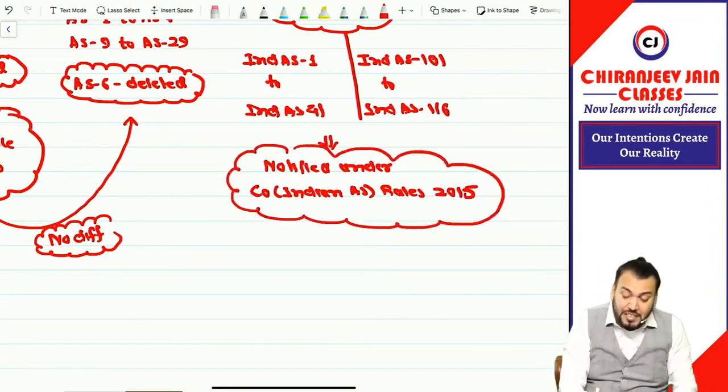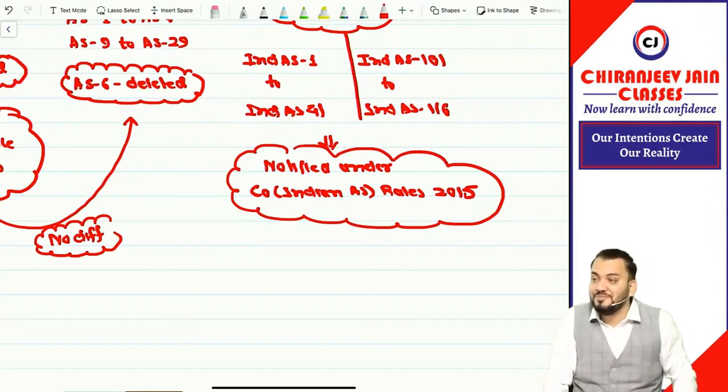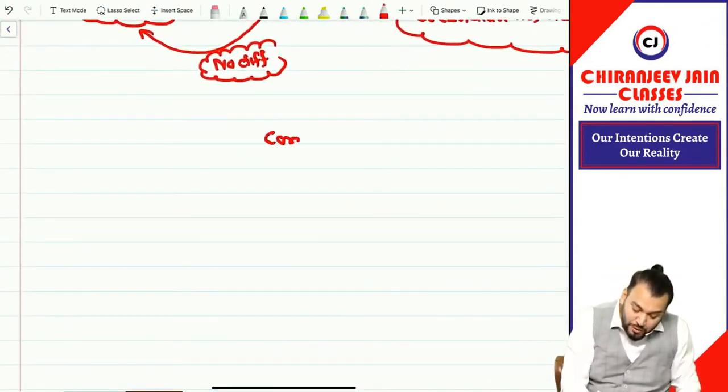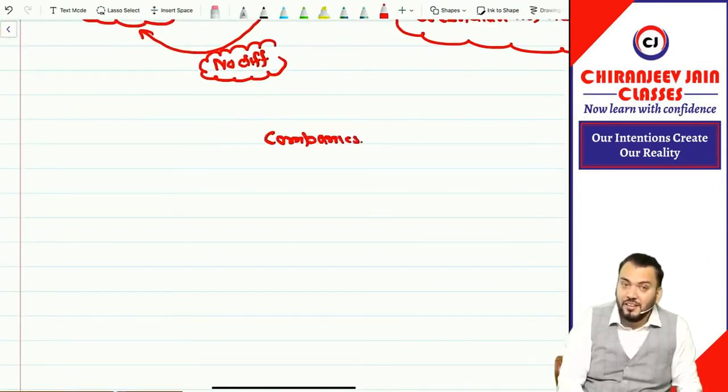Now there are two types of companies. So when you are going for any audit, you need to ask which type of company you are.